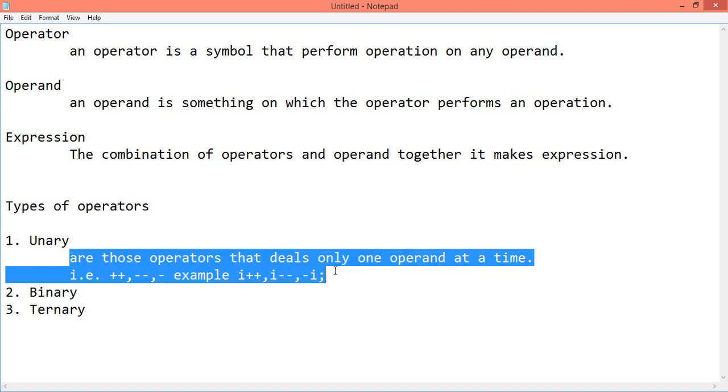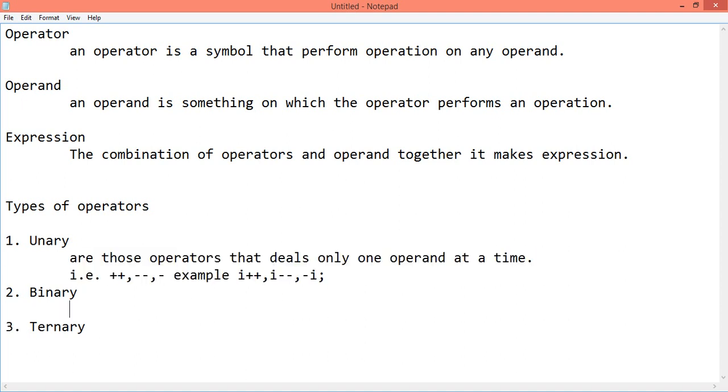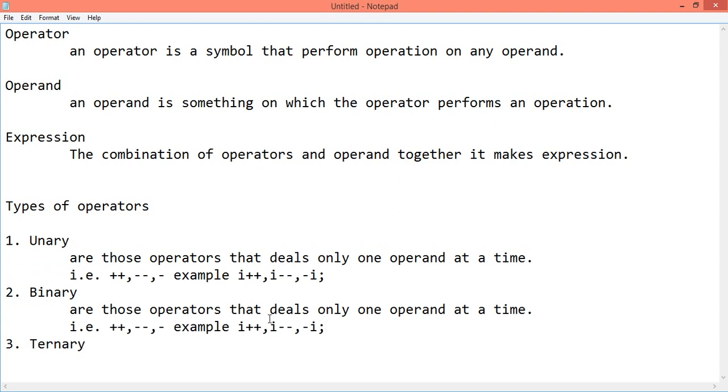Now I am copying this definition and pasting it here for binary also. These are those operators that deal with 2 operands at a time. These operators are plus, minus, multiplication, division, and modulus.